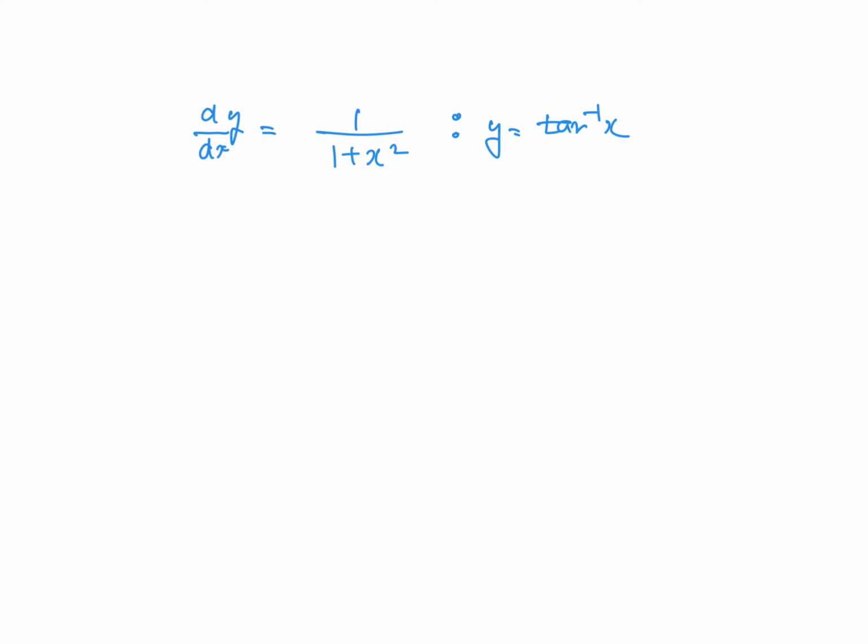But also, some constant can be added to the solution as well, because the derivative of arctangent x plus c is 1 over 1 plus x squared. So you can have an additional constant in the solution.